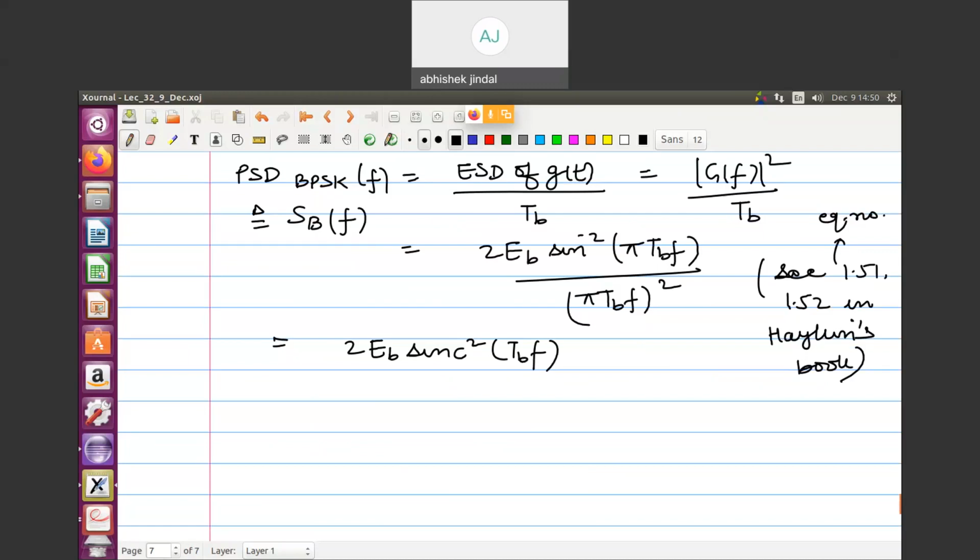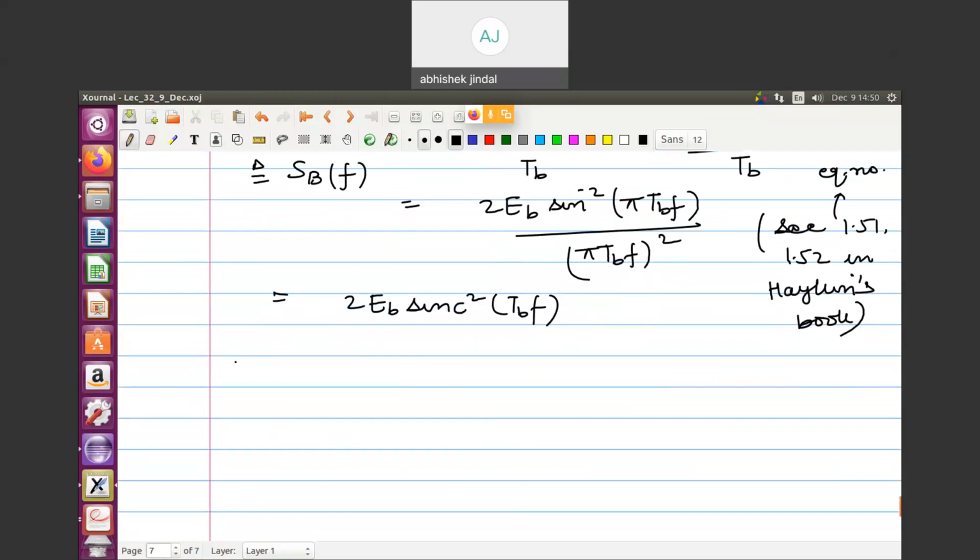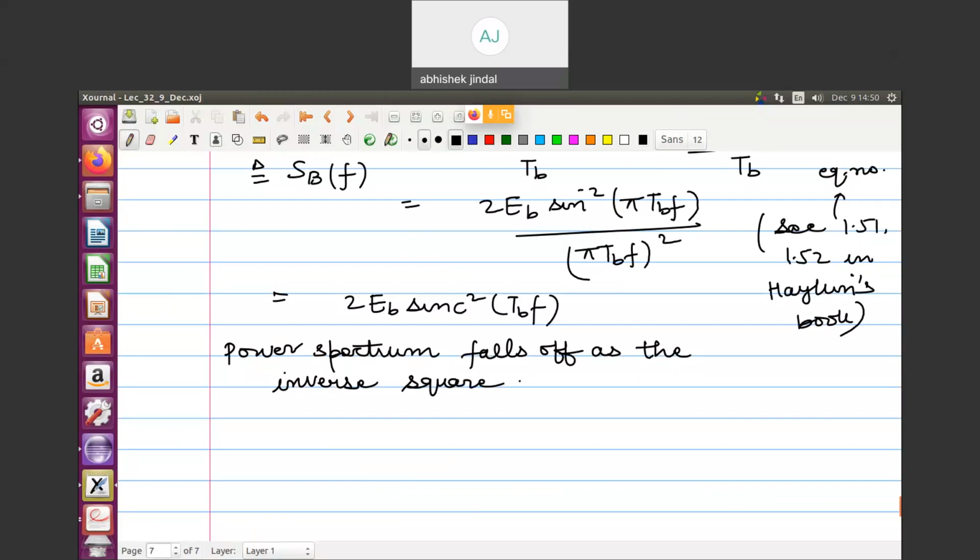So what we can see is that the power spectrum falls off as the inverse square of frequency.